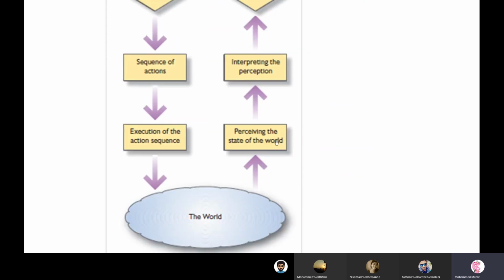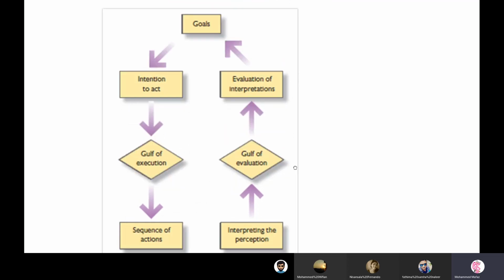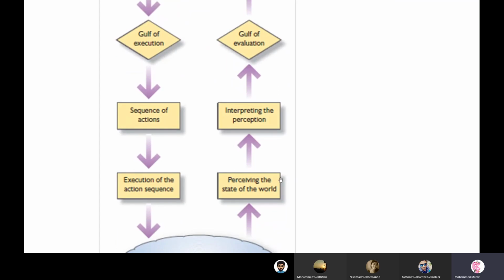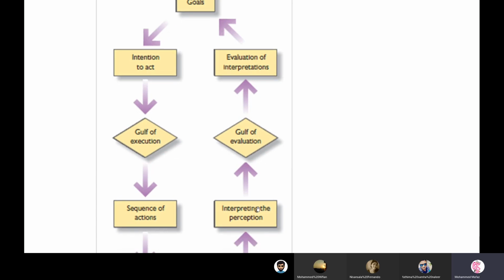Then when the system responds, from the user's point of view, they have to perceive the state of the system. That means as a user, you need to first grab the attention of what is coming. Then you have to interpret that perception and make a judgment. Interpreting means we have to translate what has come.